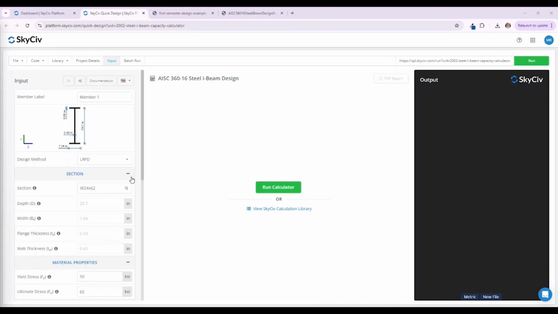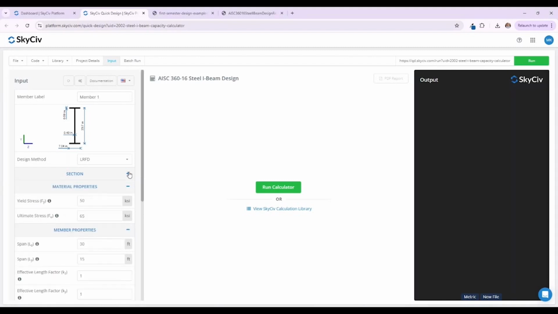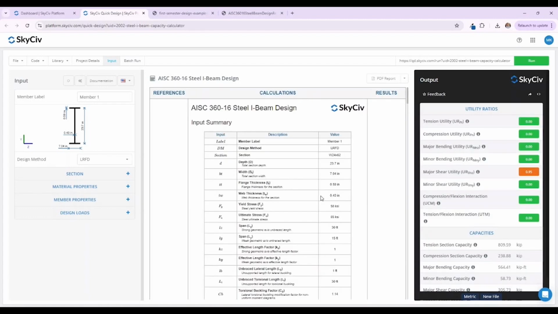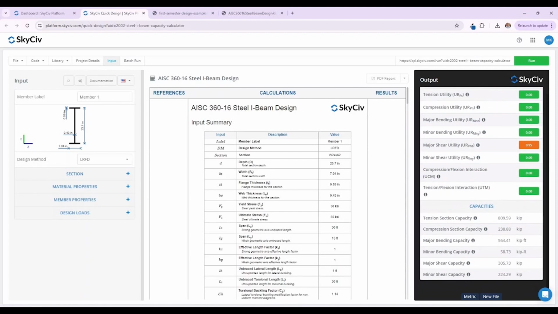Now that we have input our section, material properties, member properties, and design loads and specified our chosen design method, let's run the calculator. The output summary on the right-hand side of the screen shows our utility ratios and capacities.